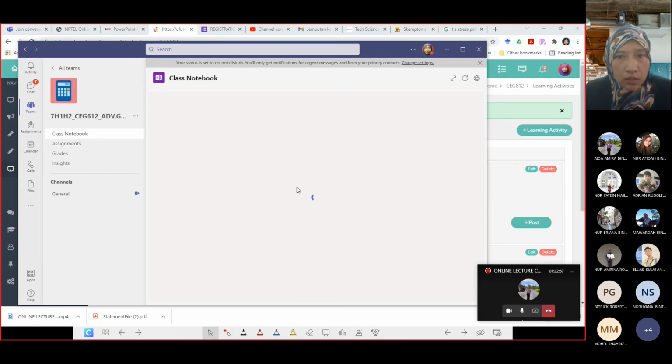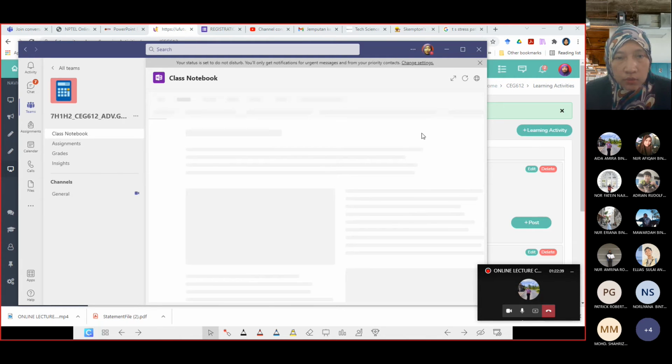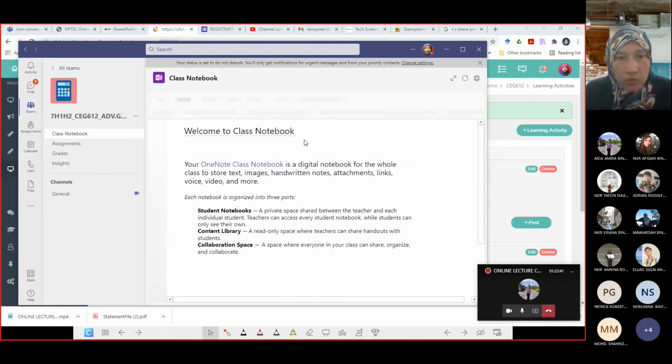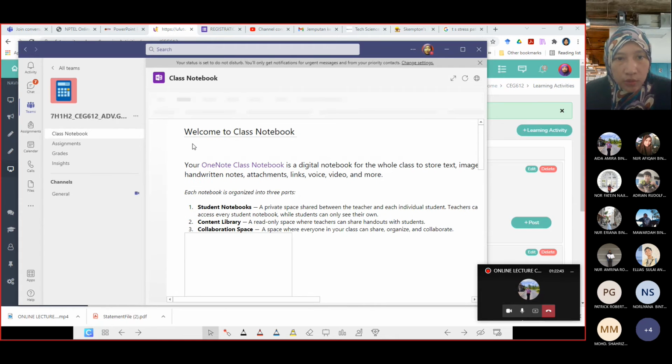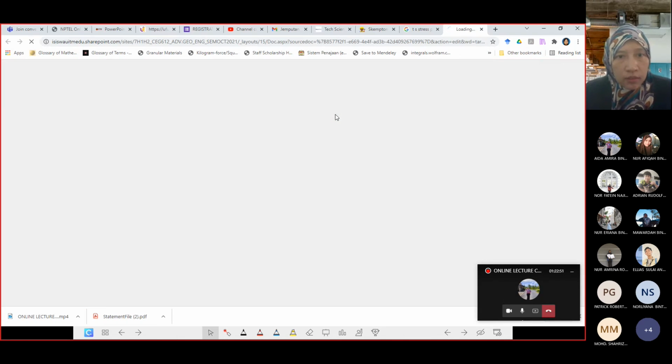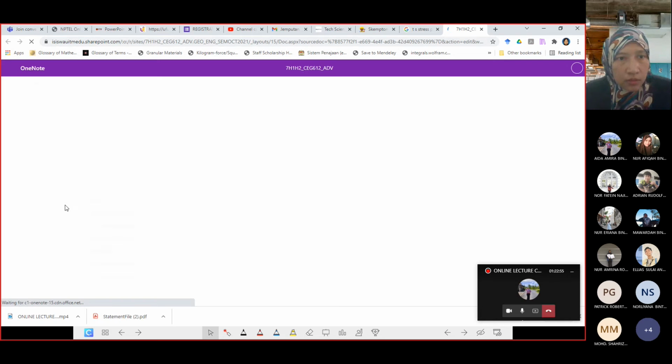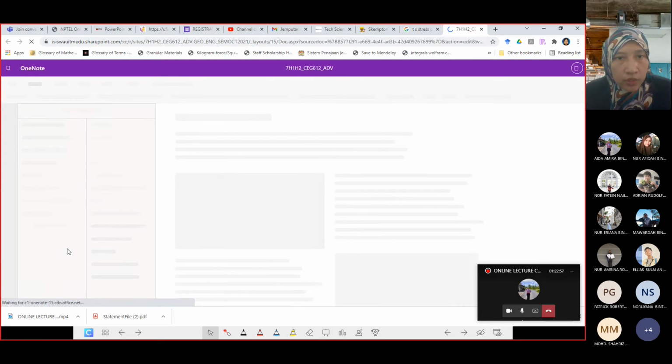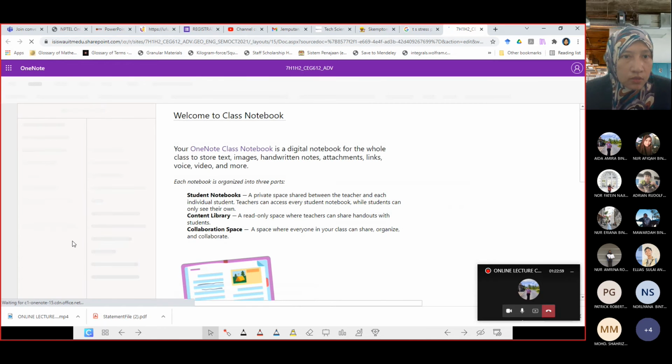Dalam ni saya tak tunjuk details sebab dia consuming time. Tapi once you join here, apa yang you nampak is a welcome to class notebook. So you open the class notebook ni in desktop ke ataupun browser. I think that the sections on the left side is representing folder for each student. So senang lah, saya nak trace siapa yang hantar, siapa yang tak hantar.